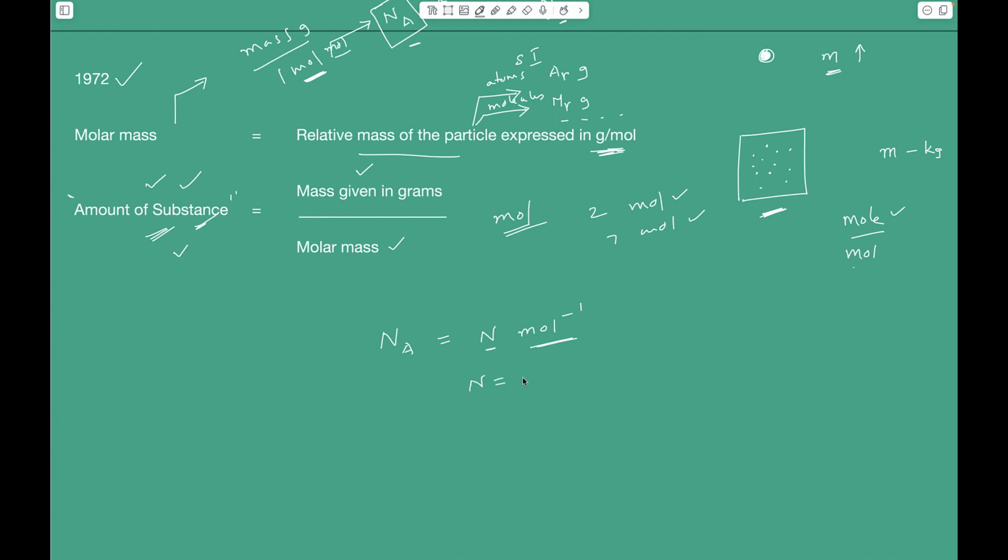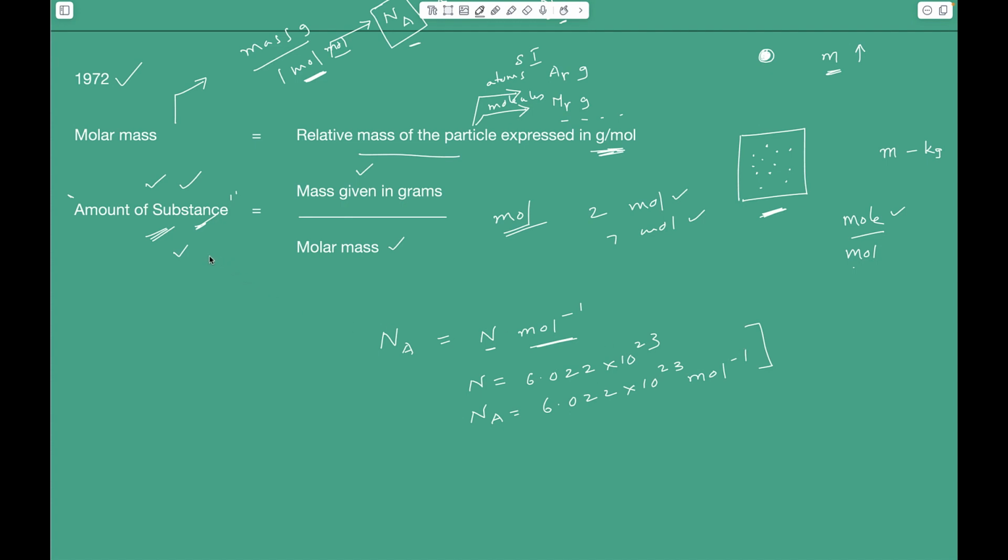And what is the value of Avogadro's number? It is approximately 6.022 into 10 to the power of 23. Then what is Avogadro's constant? The same number, 6.022 into 10 to the power of 23, but with the unit per mole. So pay attention to this difference.